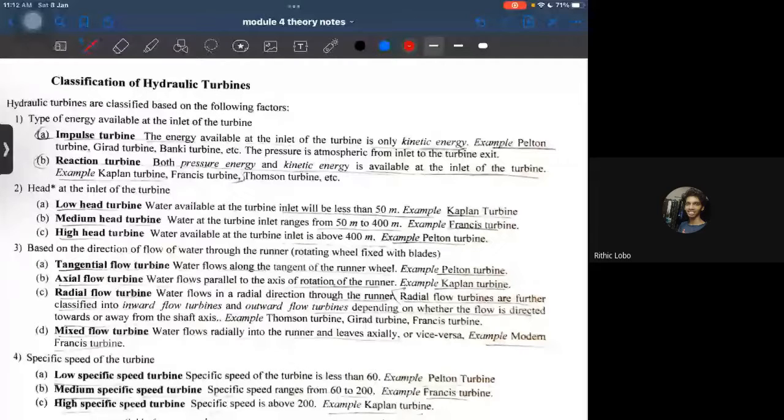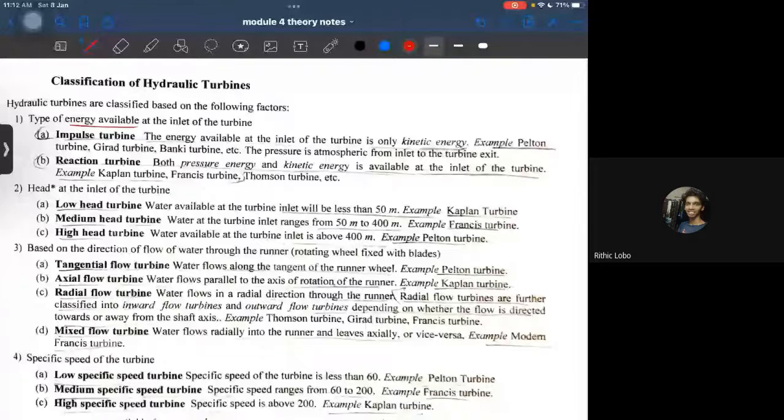Now, hydraulic turbines, primarily based on energy consumption, as I have told you, we can classify into impulse turbine and reaction turbine. But do you have an idea what an impulse turbine is and what a reaction turbine is?